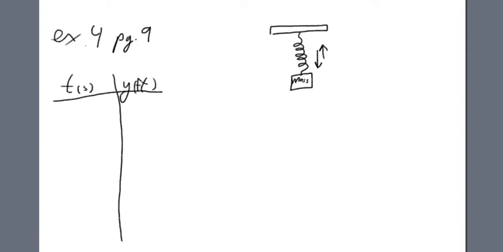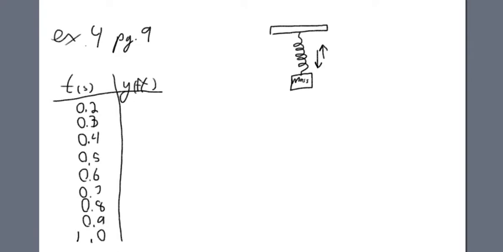Time in seconds starts at 0.2 and counts up by 0.1. So 0.4, 0.5, 0.6, 0.7, 0.8, 0.9, 1.0, and 1.1.